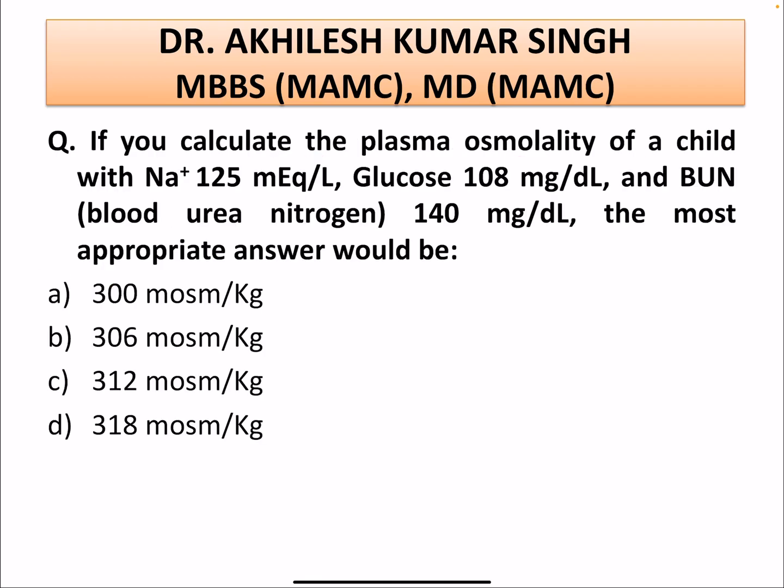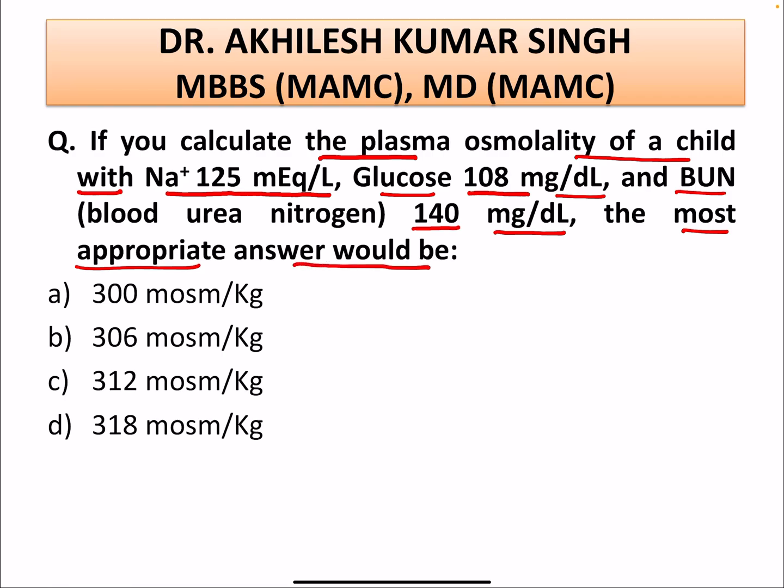Another question is: if you calculate the plasma osmolality of a child with sodium whose value is 125 milliequivalent per liter, glucose whose value is 108 milligram per deciliter, and blood urea nitrogen whose value is 140 milligram per deciliter, the most appropriate answer would be. In this question, we have to find the plasma osmolality.